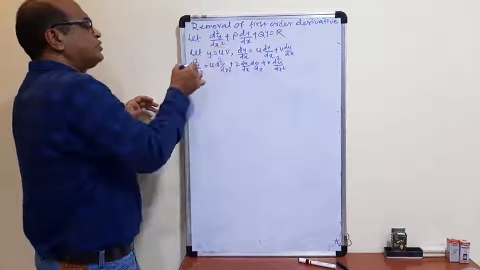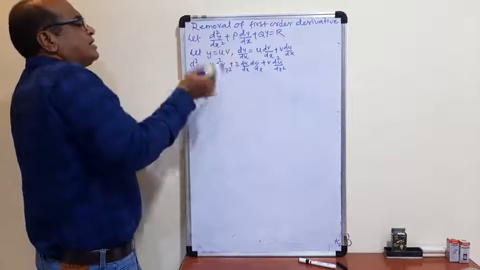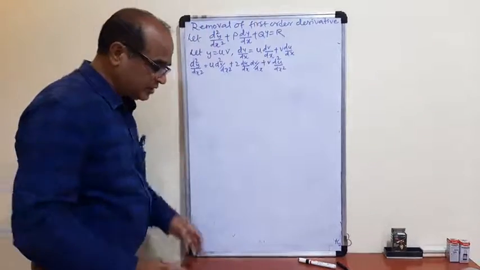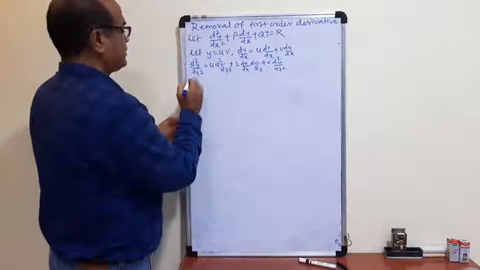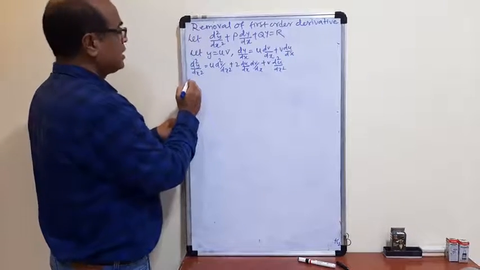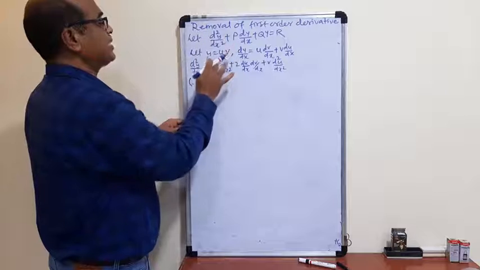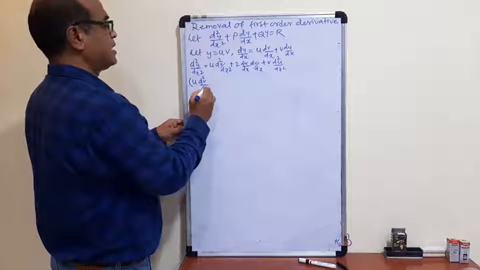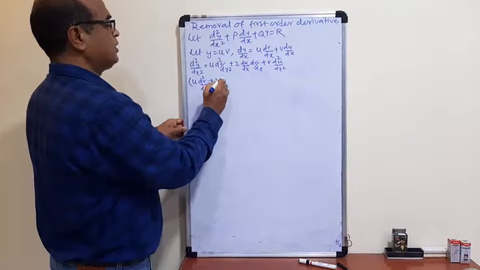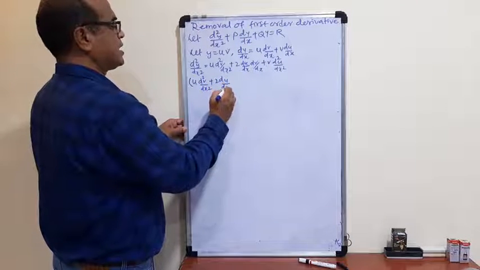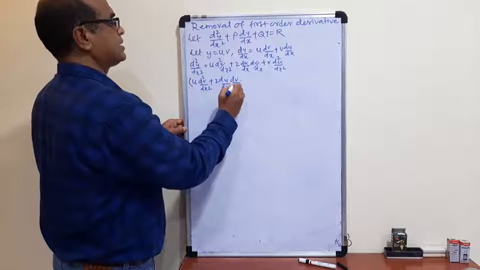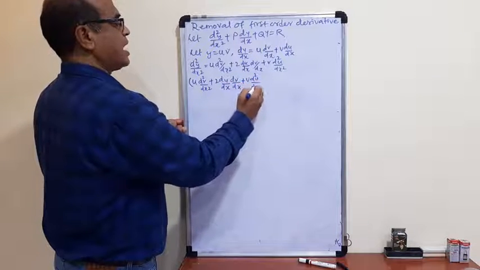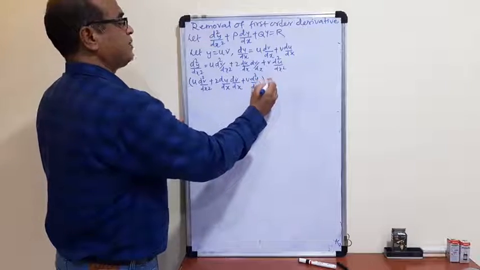Putting these values of d2y by dx square, dy by dx, y is equal to uv in this equation, therefore, this equation becomes, what is d2y by dx square? So u into d2v by dx square plus 2 du by dx into dv by dx plus v d2u by dx square plus p.